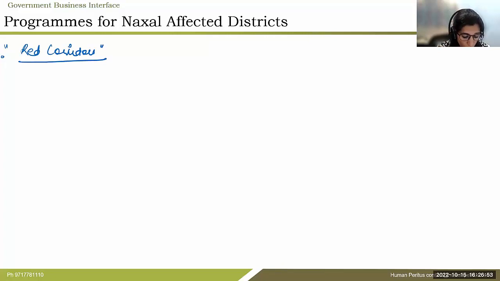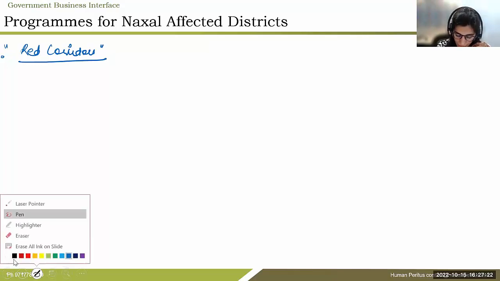The violence in these Naxal affected areas is affecting the people and the areas in terms of their socio-economic advancement, their educational advancement, their economic advancement. So there are various programs which are framed by the government from time to time to address the issues faced by the people of these areas.